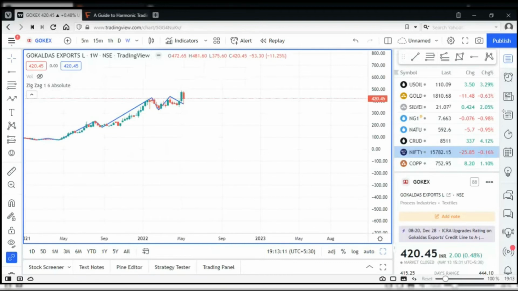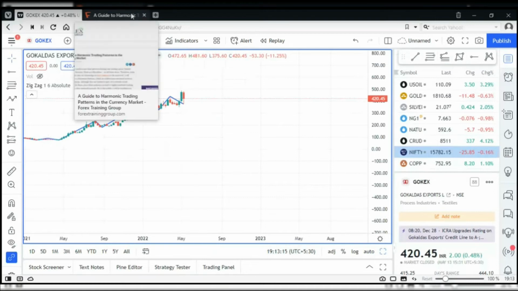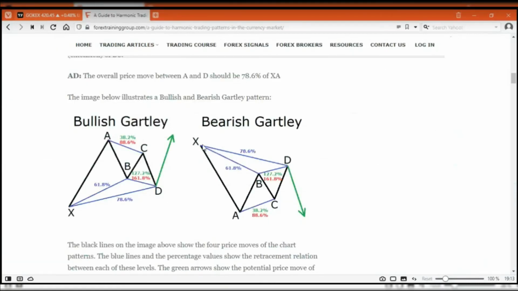Fine. So same for bearish also. If we draw from X to A to B, it should come between 0.382 and 0.618. It should be in this middle only. And if we draw from B to C, 0.382 to 0.886, in this middle only it should be there.